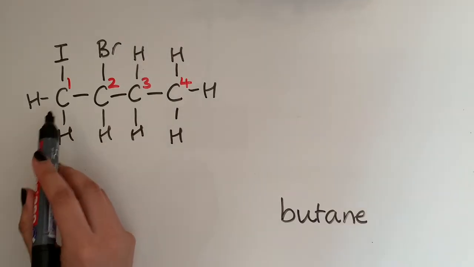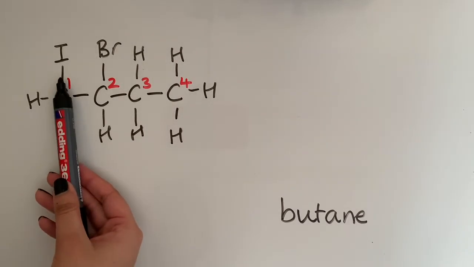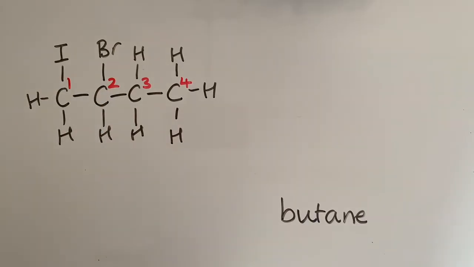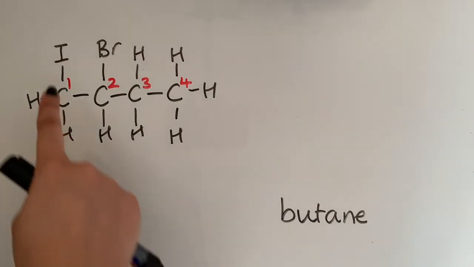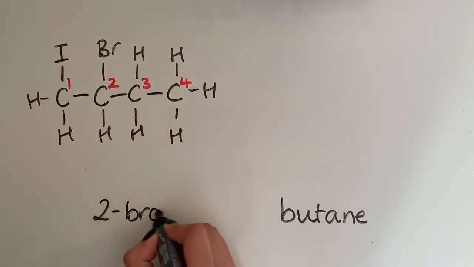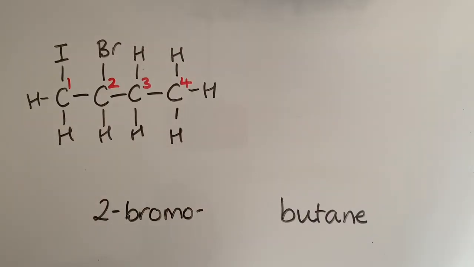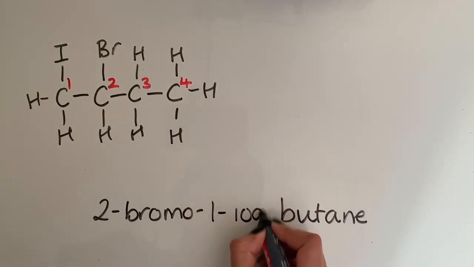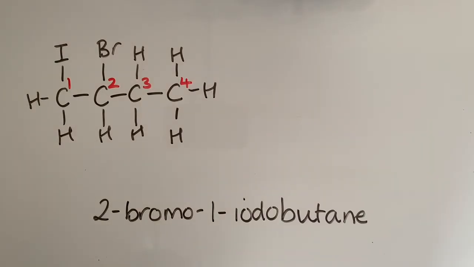And then in terms of deciding which one goes first, because we've got an iodo group here and a bromo group, whenever we're naming these, in terms of what comes first in the name, it should always be the one that is first in the alphabet. So it's going to be alphabetically. If we've got iodo and we've got bromo, out of those two, bromo is first. So I'm going to start off with the bromo part. So it's going to be 2-bromo. And then we do the iodo. So it's going to be 1-iodobutane, like so. Okay. Let's have a look at another one.